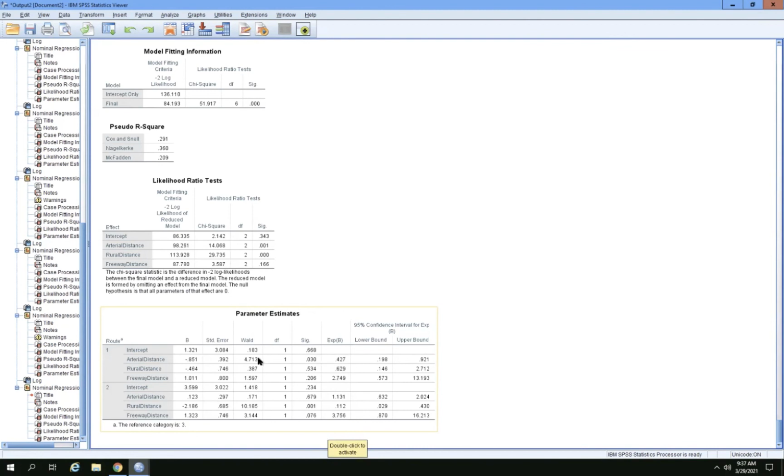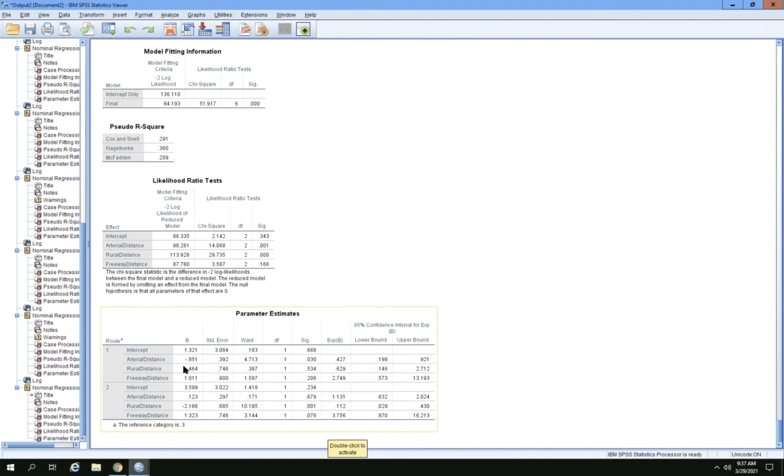When we're interpreting these, what this means is that for a 1 unit increase in distance along the freeway, the arterial sees a 175% increase in the odds of someone choosing the freeway, or choosing the rural route in that case.